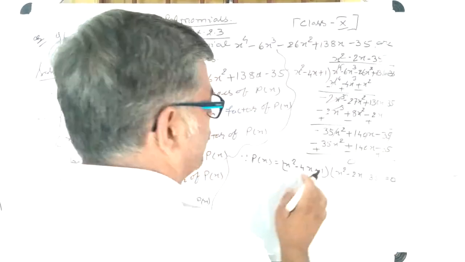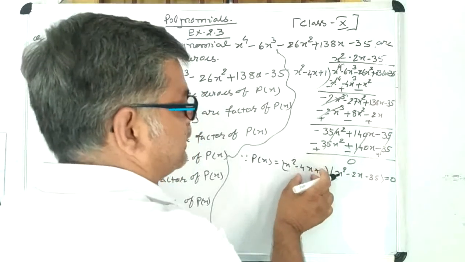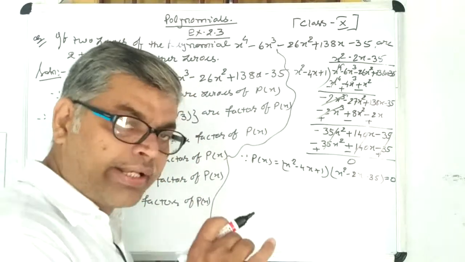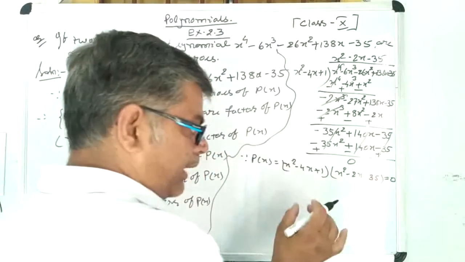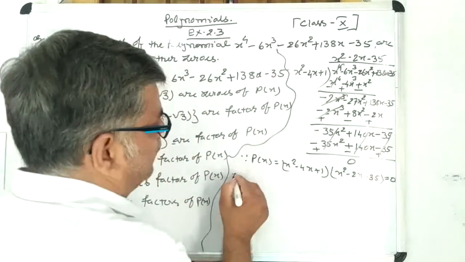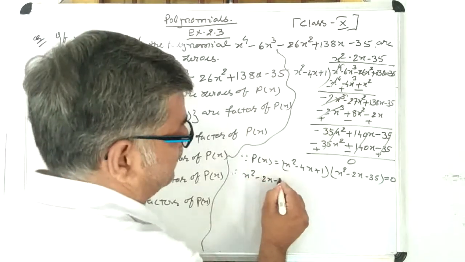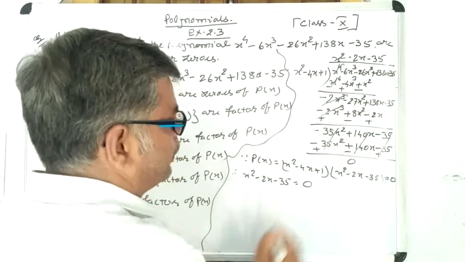You leave the divisor, because when you factorize it, you will get the already given zeros. So you need to factorize the quotient only. Therefore x square minus 2x minus 35 equals 0.